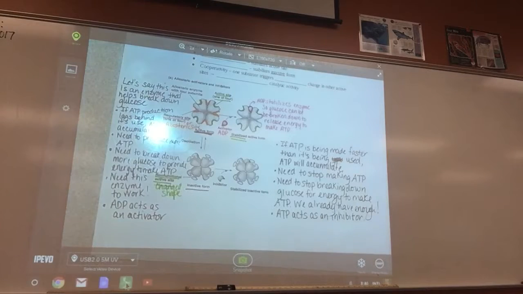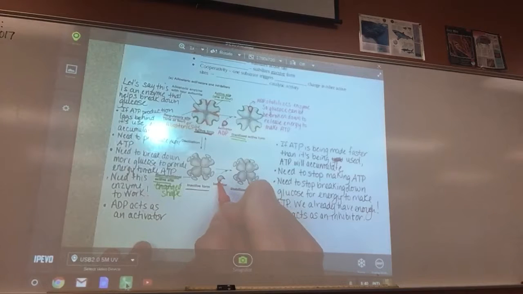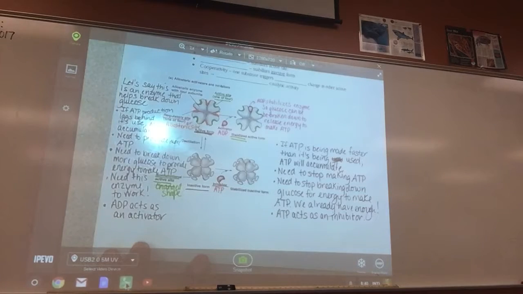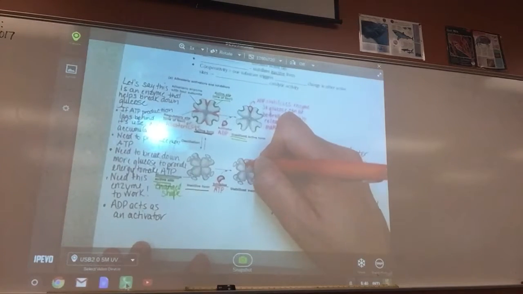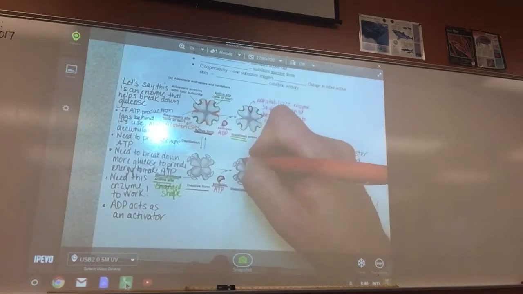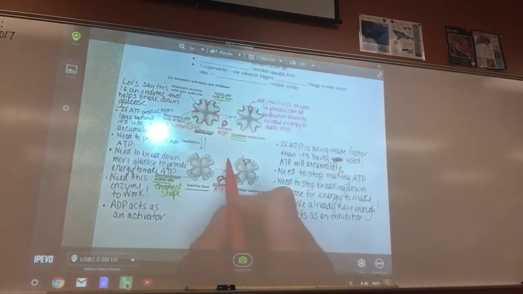So here, we want it to be in the inactive form. We want to stabilize it in the inactive form so this enzyme doesn't break down glucose anymore. So your inhibitor right here is ATP in this example. ATP is your inhibitor. Notice here the inhibitor binds to the same site, the regulatory site. So let's write what's going on here.